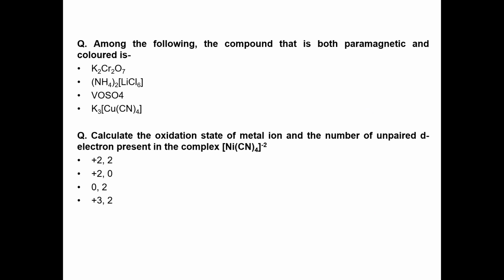Identify the compound that is both paramagnetic and colored. Just write down the oxidation state, because here Cr2O7 minus 2, and here a hexachloro complex with charge minus 2, and here vanadium plus 4, and the CuCN4 with minus 3.